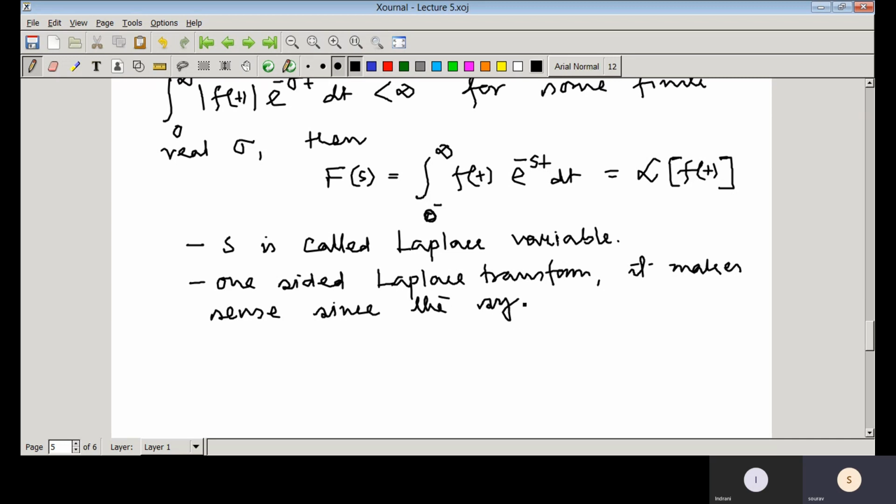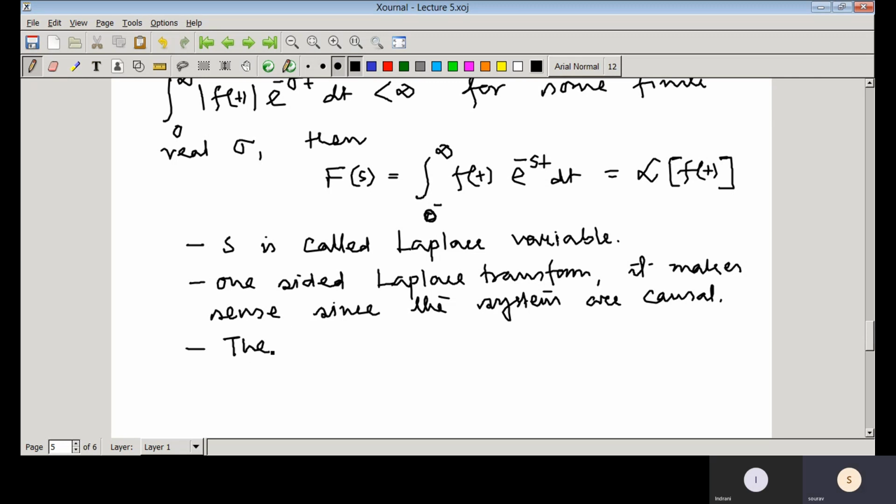I think you all know what causal systems are. A causal system depends on the present and the past. It does not depend on the future.